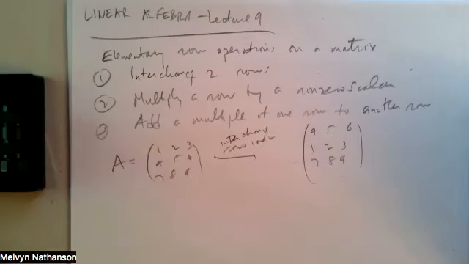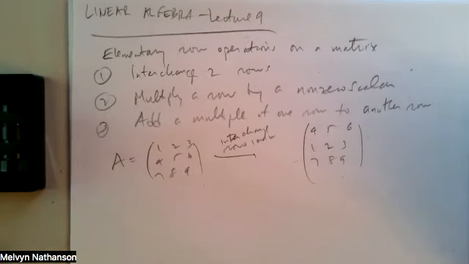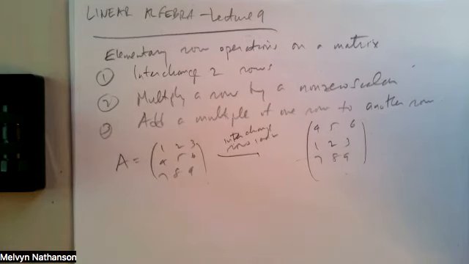These are what are called the elementary matrices. And you get an elementary matrix by performing an elementary row operation on the identity matrix.